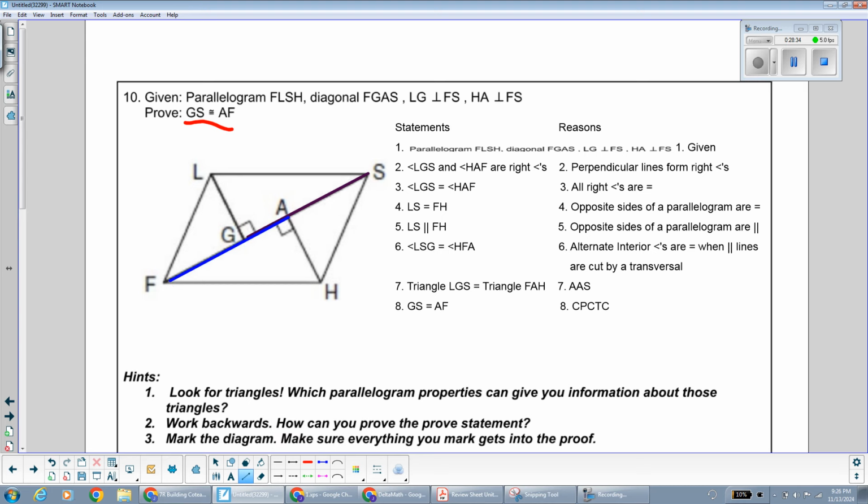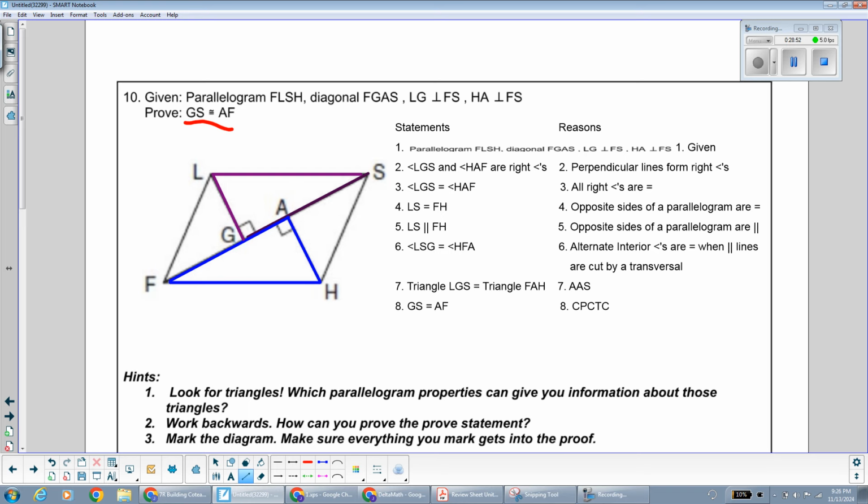So one of the triangles that we're working with is this triangle because it has AF as its side. And the other triangle that we're working with is this triangle because it has GS as its side.